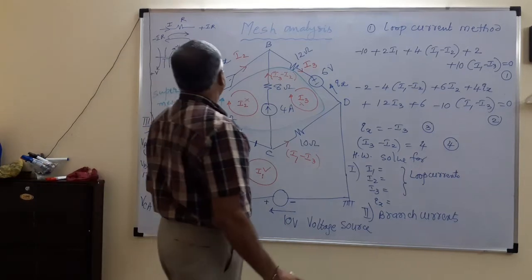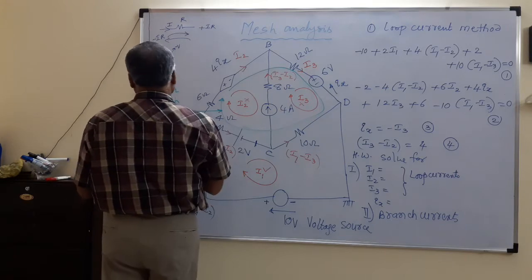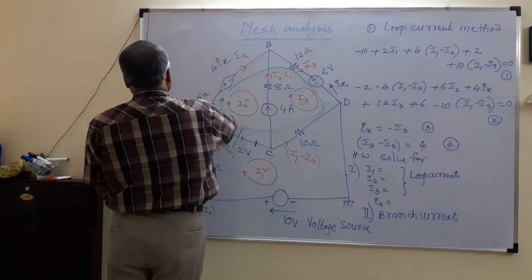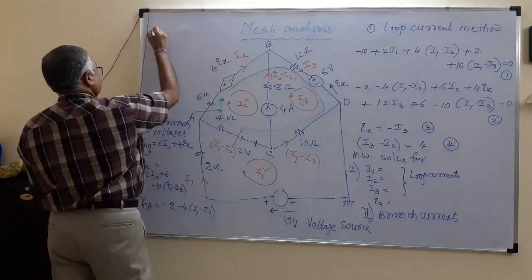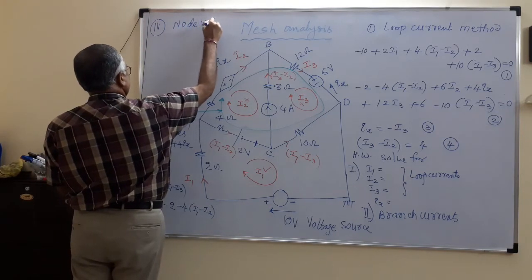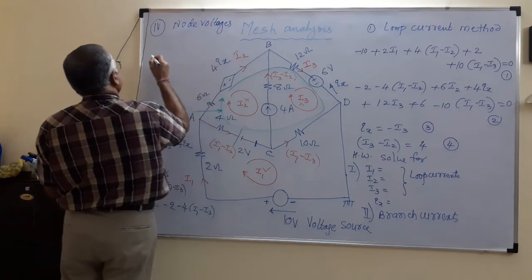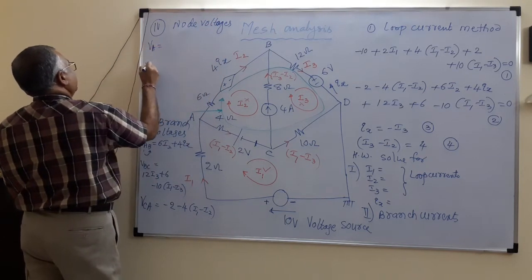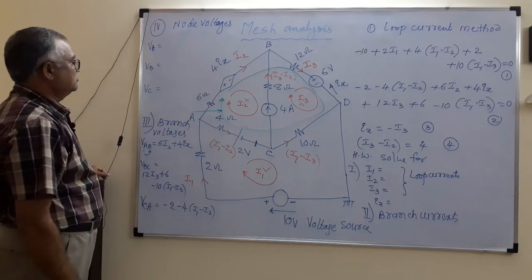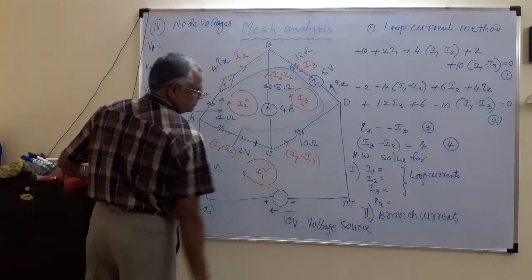Then the fourth step: node voltages. What are the node voltages? VA, VB, VC. We want to find the voltage here, here, and here, by default with respect to ground.